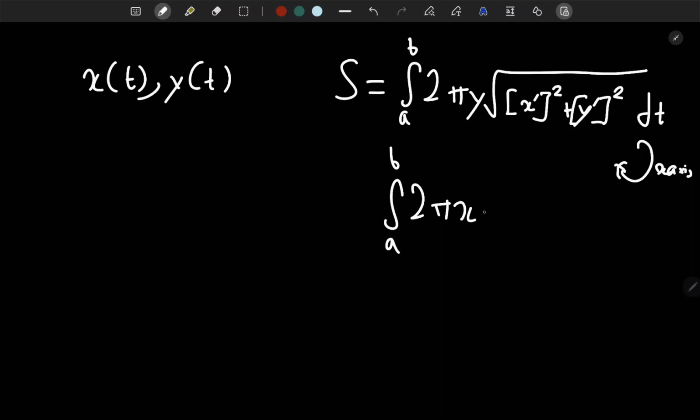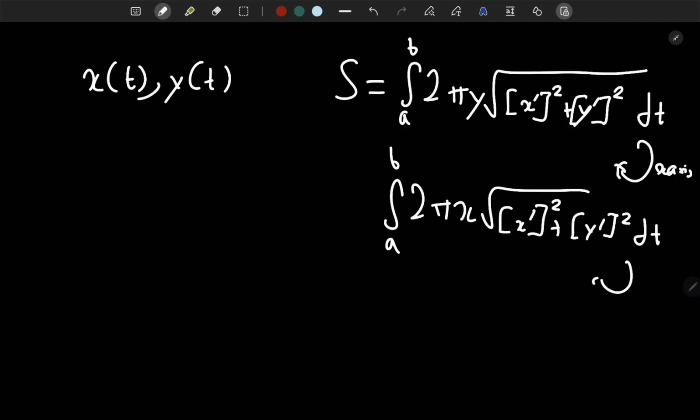So let me just erase that, and now everything else is the same. So x prime squared plus y prime squared dt, and this time we are integrating around the y-axis.